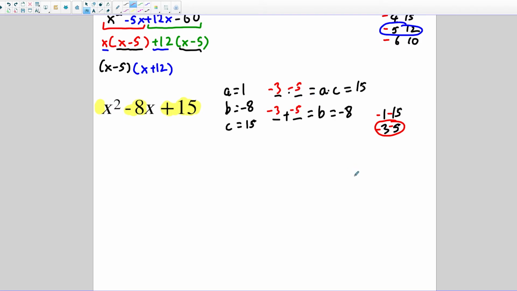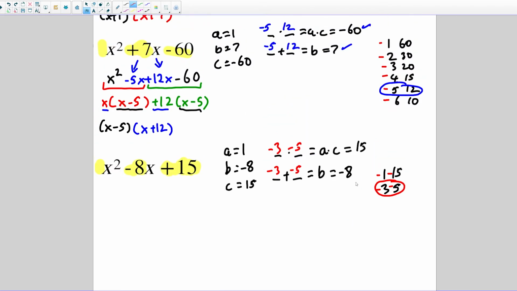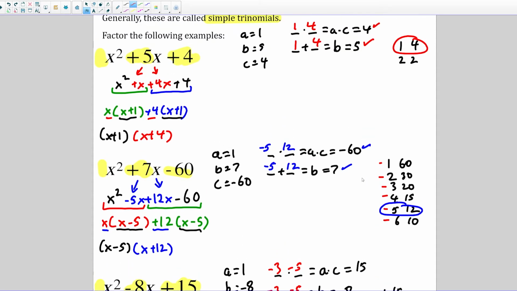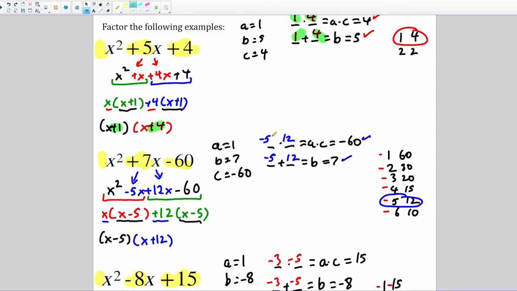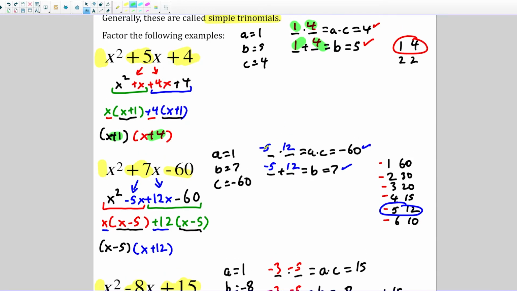Now something that I want to point out to you guys right now is when we take a look at some of the numbers that we've chosen for the previous two problems, what do we notice about these two numbers and our final factored form?